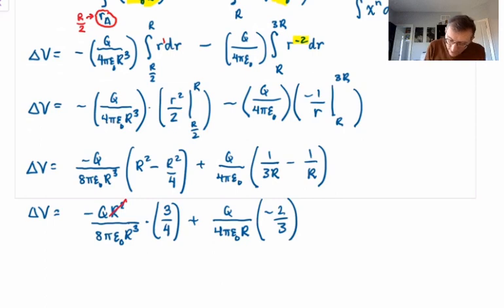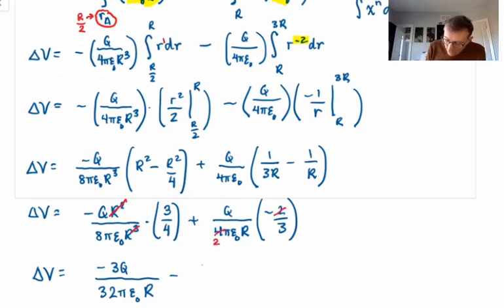Now let's see if things simplify. R squared and R cubed will partially cancel. And what's left? Well, negative 3q over 32 pi epsilon 0 R, minus, well, what I can do here is I can do that and that, leaving it 2.